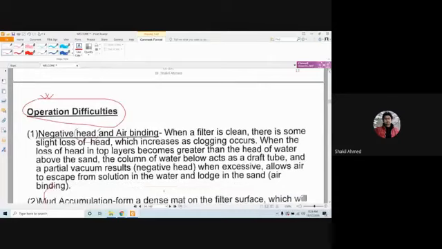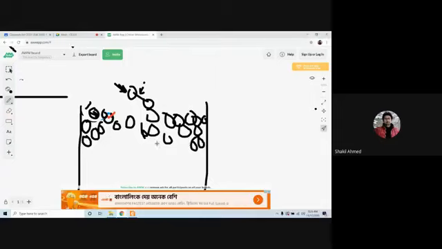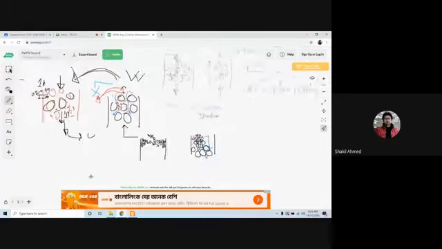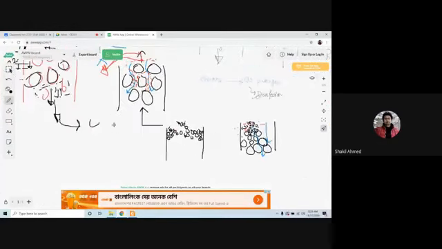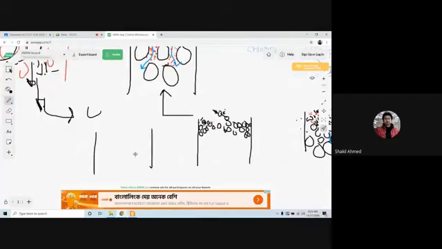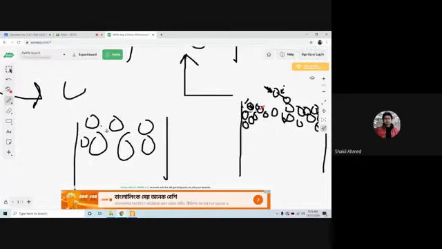And negative head and air binding. What is negative head? This is mainly because if you have the filter media here and you have particles deposited in the filter media, pollutants, then it will be difficult for the water to pass through, am I right?